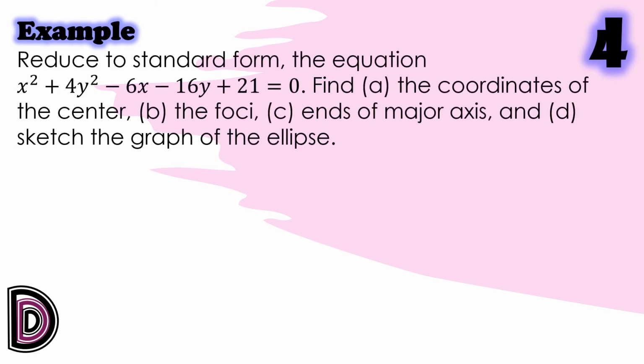Example number 4. Reduce to standard form the equation x squared plus 4y squared minus 6x minus 16y plus 21 equals 0. Find a, the coordinates of the center, b, the foci, c, the ends of major axis, and d, sketch the graph of the ellipse.